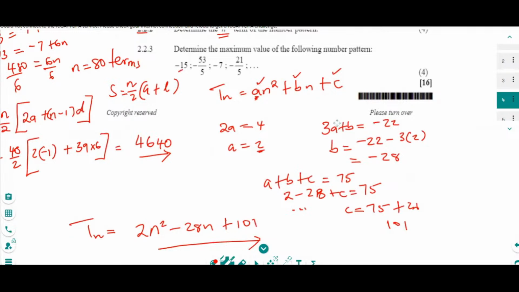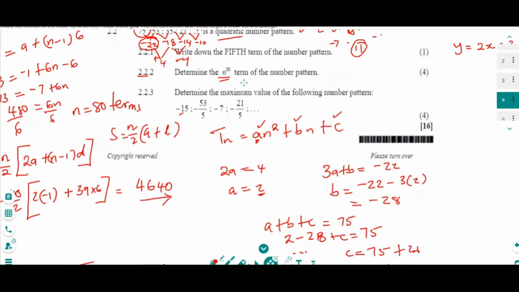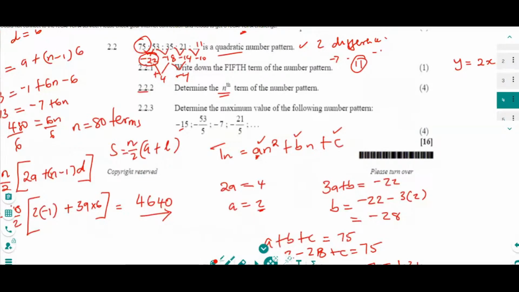So it only makes sense if I'm to compare it with the original, that we got these numbers of the 75, the 53, the 35, the 21, and we divided them by negative 5. Because 75 divided by negative 5, I end up with a negative 15. This divided by negative 5, I get that. 35 divided by negative 5, I get that.